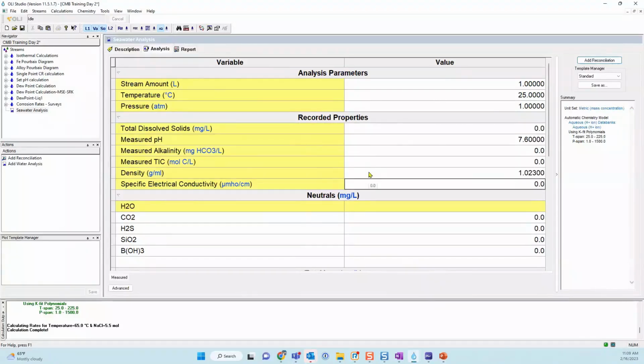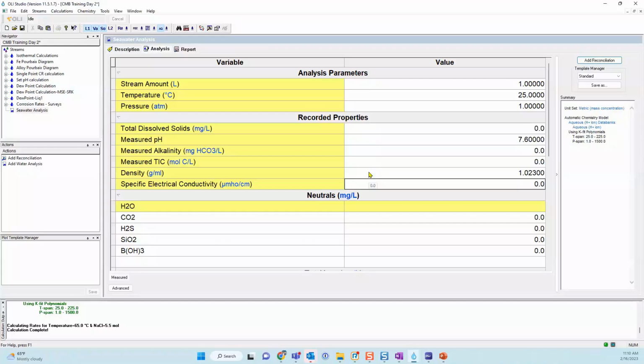Now, why do we enter these recorded properties? The software can calculate these properties, but why do we need to enter them? We don't have to, but we should enter them so that you can see how far away or how close the software is to these measured properties. I will be showing you what I mean by that in a moment.